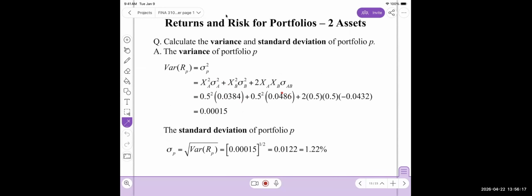So let's go back and look at our data set again, or our two variables. So this is what we had before.